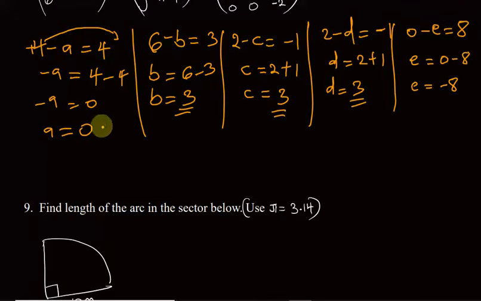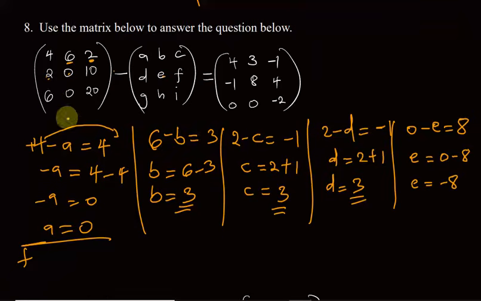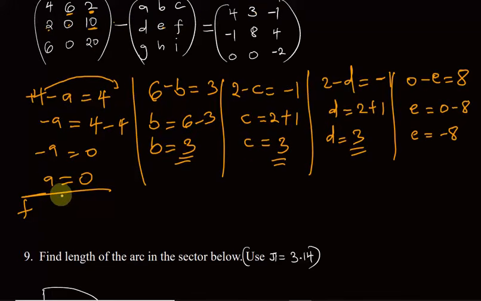Let's find the value of f. You can see f is here. 10 minus f is 4. So f is equal to 10 minus 4, which is 6. You will check that. F is 6.